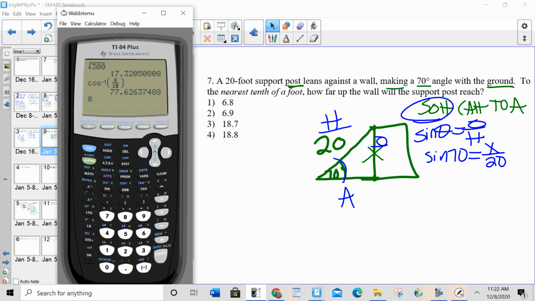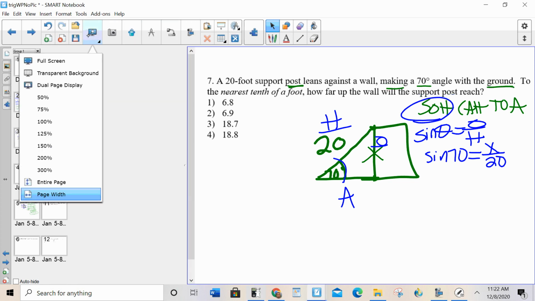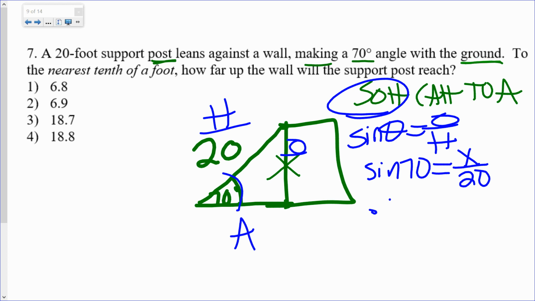First, I like to always type in the trig function sine of 70 and make it into a decimal. I find it less confusing. 0.9396 dot dot dot. Again, that dot dot dot means there's more after the 6, but I'm not going to write the whole thing out.